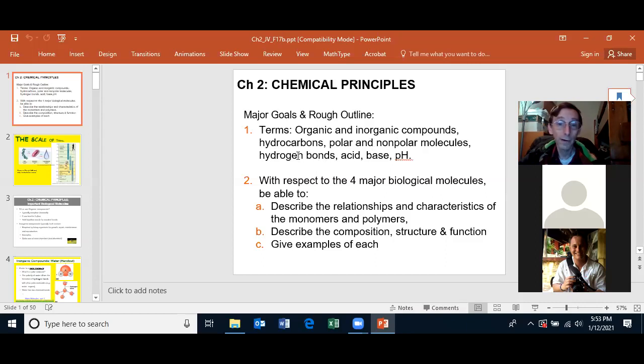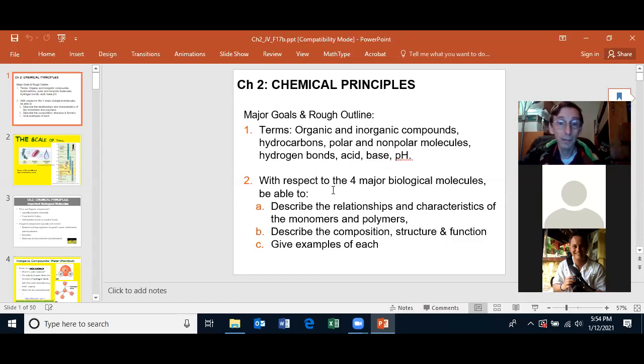Know what are hydrocarbons. Know what polar molecules are and nonpolar molecules. Know what a hydrogen bond is. I don't think we go into the other types of bonds, but you should know what different types of bonds are, like a covalent bond and an ionic bond. You should know what an acid is, what a base is, and know what pH is.